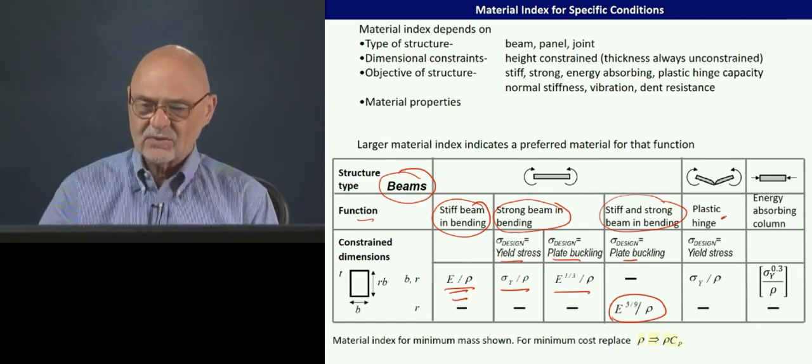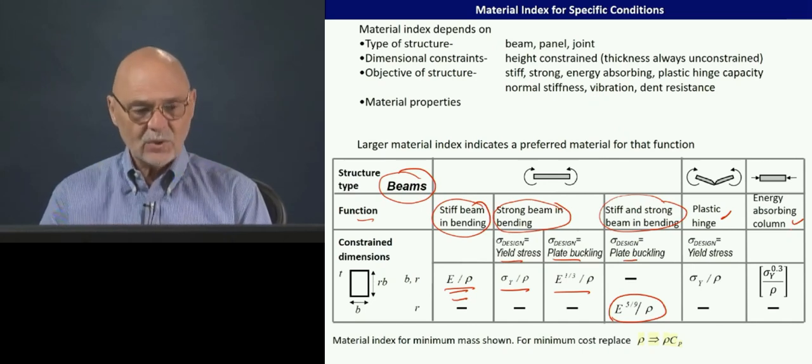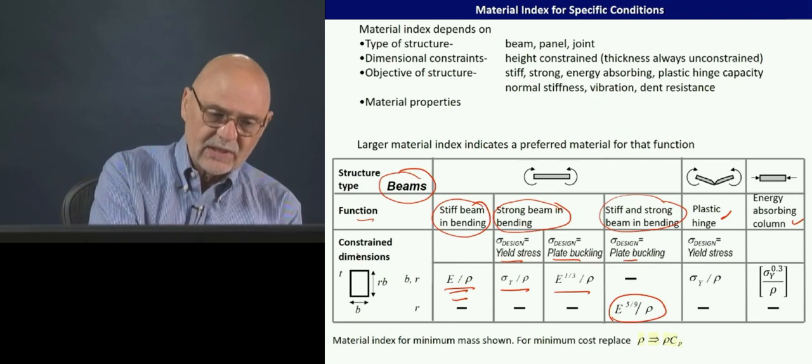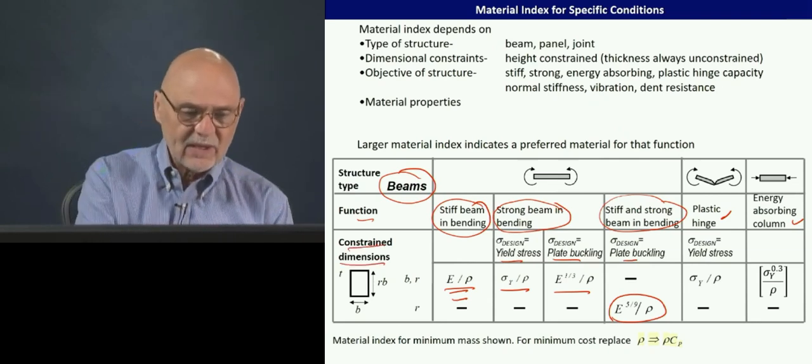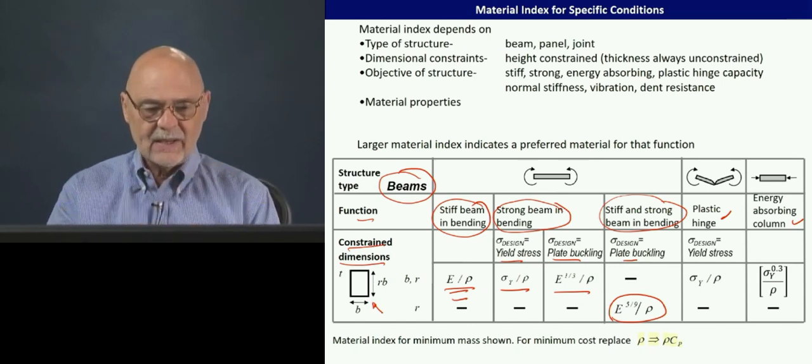So you can see, here's for plastic hinge, here's for an energy absorbing column. So we have these various material indices. This shows the constrained dimension. So again, we're primarily considering a rectangular section.